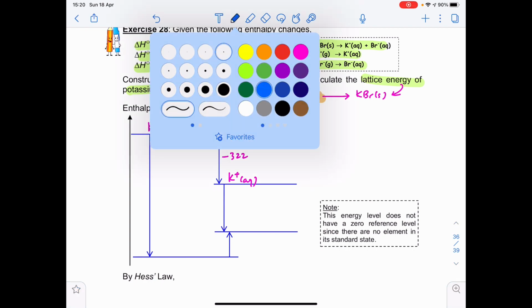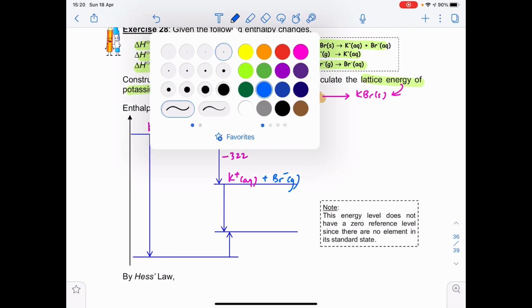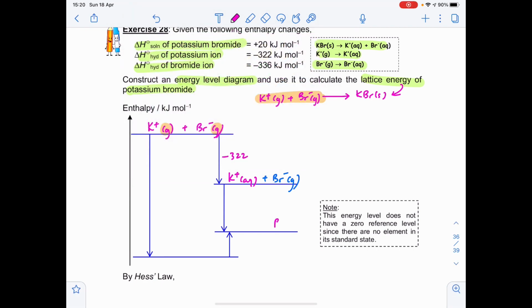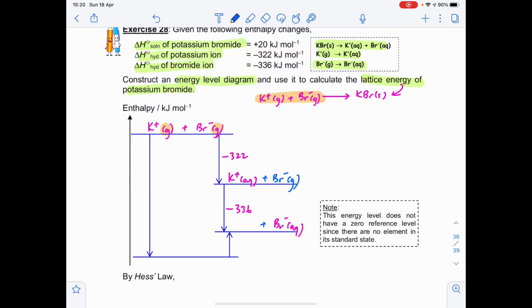Since nothing has been changed to Br- gaseous ion, I'll put it down to balance the equation. Next, I'll do the hydration of Br- ion to convert Br- gaseous to Br- aqueous ion. The enthalpy process is minus 336, so the arrow is pointing down. To balance the equation, I'll put back K+ aqueous.